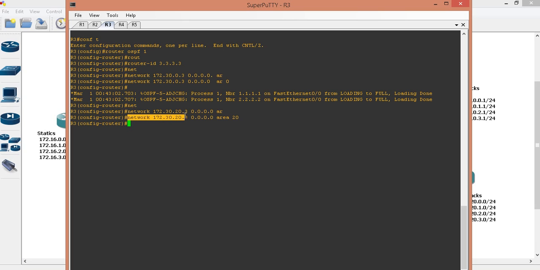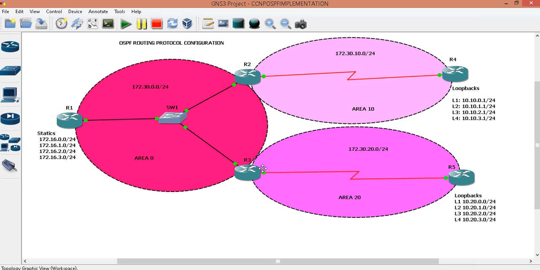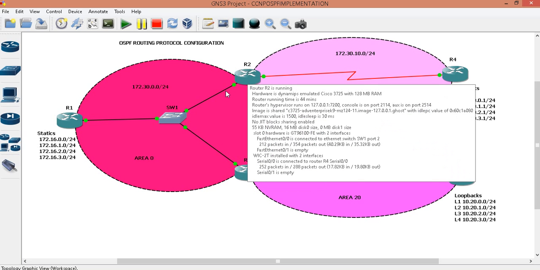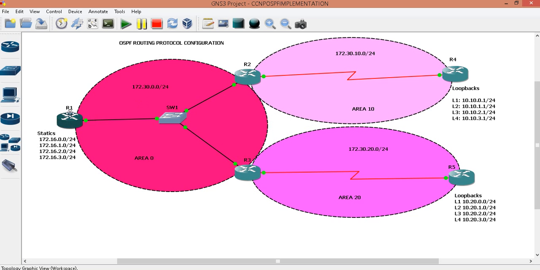This is another network where the serial interface belongs, and it's in area 20. You know why I put the wildcard mask all zeros? Because it's a specific interface that I'm using here. This fast interface here is .3, and this serial interface is also .3. So on router 2 all the interfaces are .2, and on router 1 the interface is .1.